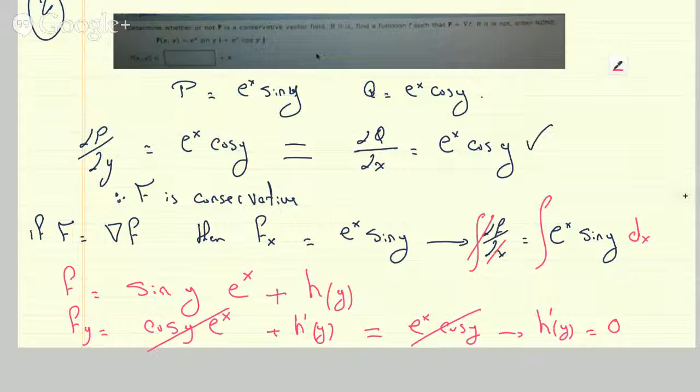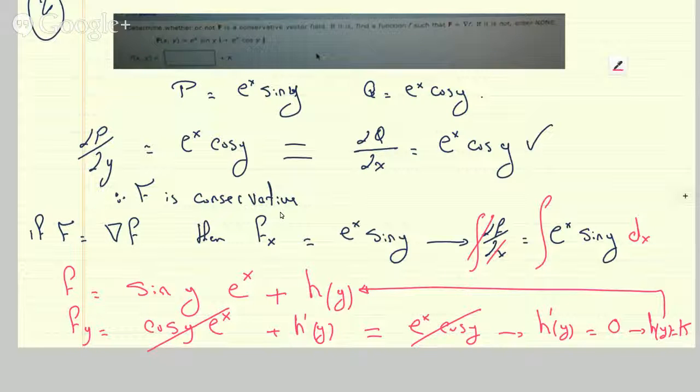If the derivative with respect to y is 0, that just means that h of y is constant, some constant k. And so now I can plug that back into my f, and I would have found a function, lowercase f, whose gradient is identical to the vector field, since it turned out that the field is conservative.